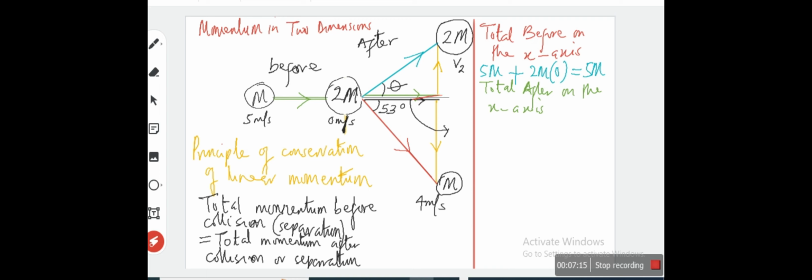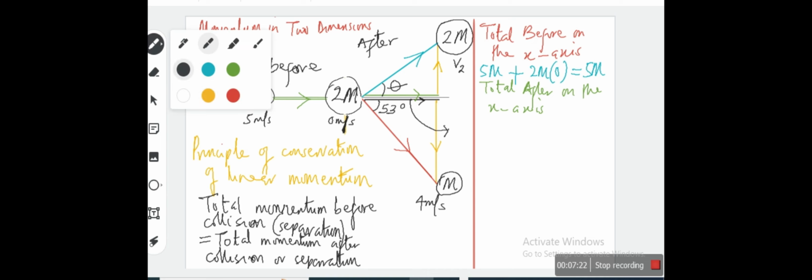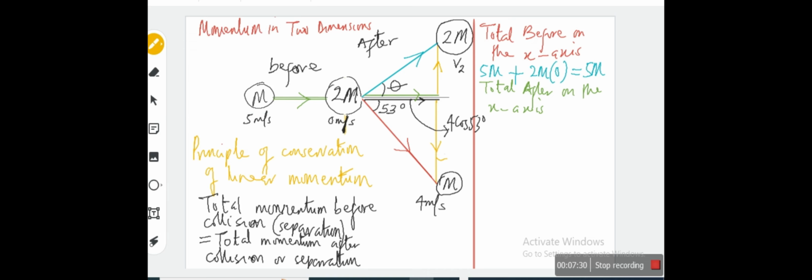So this is 4 cos 53 degrees. This yellow one is what? 4 sine 53 degrees.